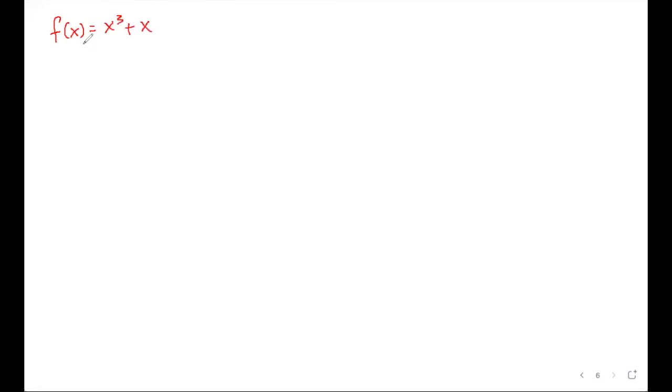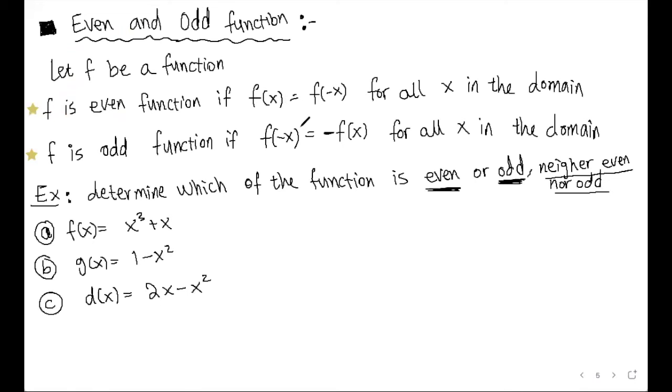So we have to write f of x, f of minus x, and minus f of x, and we check: is f of x equal to f of minus x, or f of minus x equal to minus f of x, or neither even nor odd.